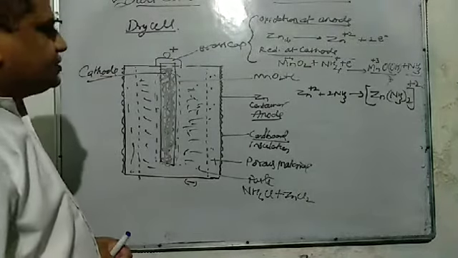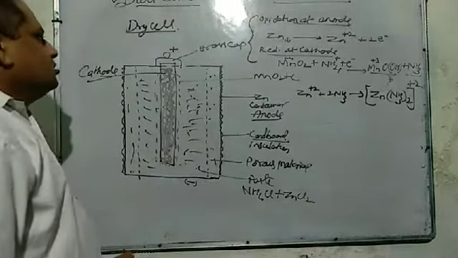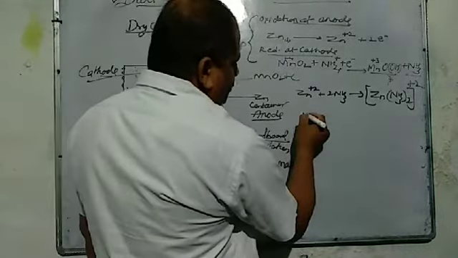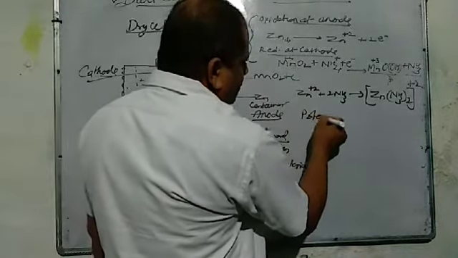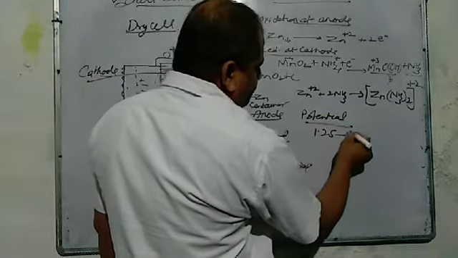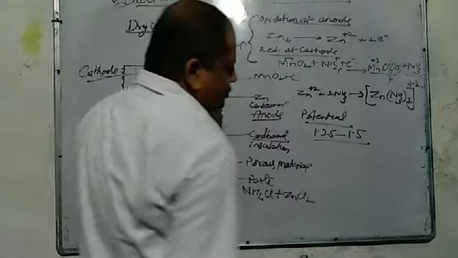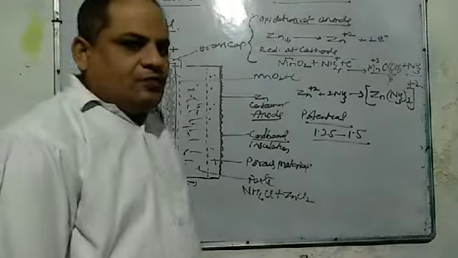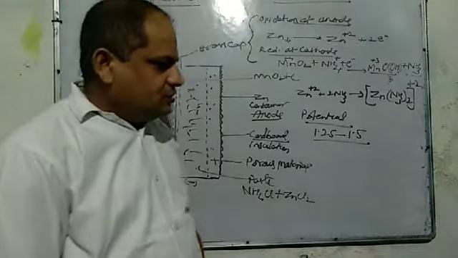So this is the structure and reaction taking place in the dry cell. The potential of the dry cell is 1.25 to 1.5 volts. These dry cells are used in transistors, watches, etc.